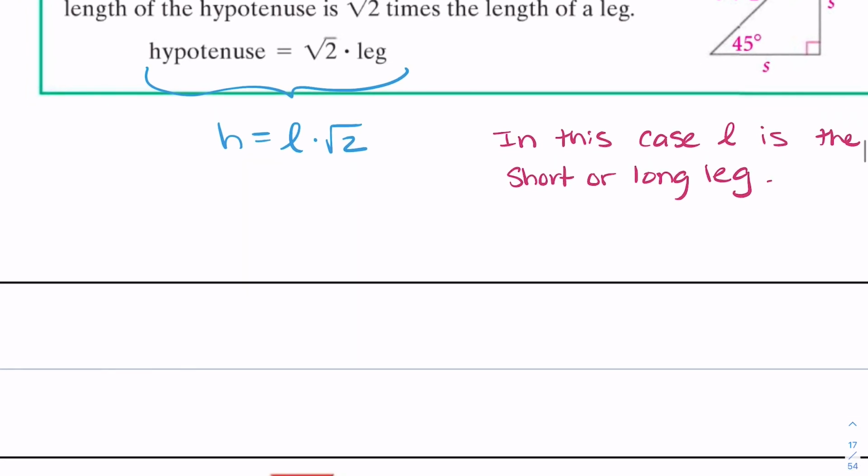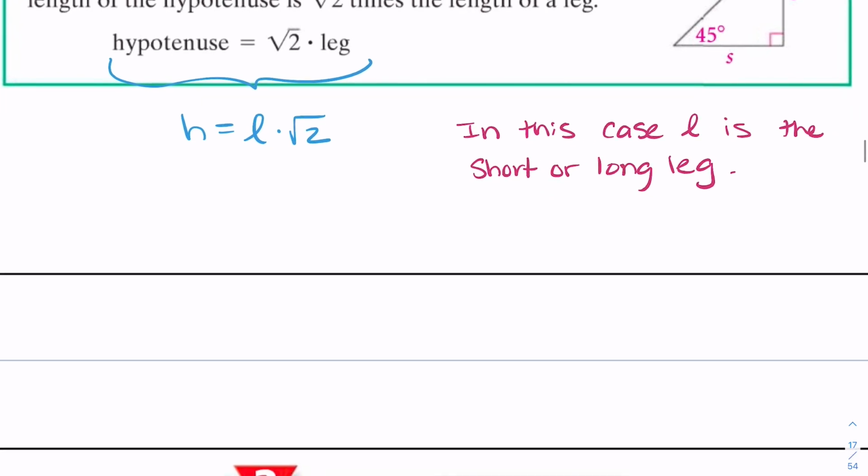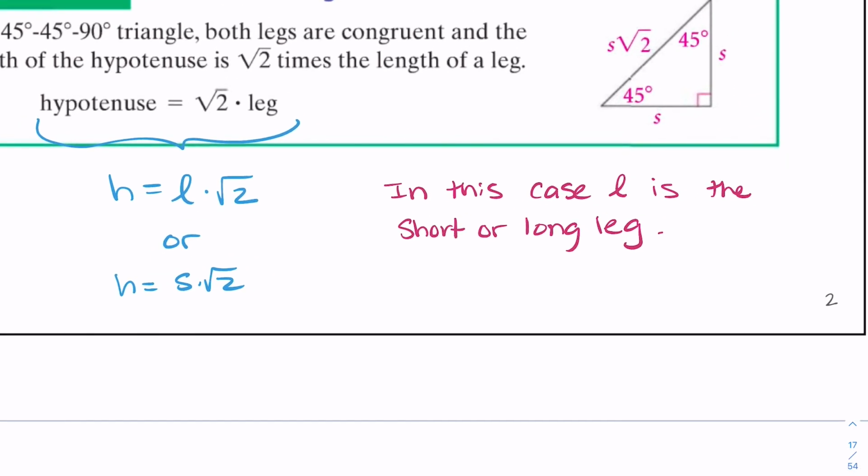It doesn't matter. We could write it this way, or we could say h is equal to s times the square root of 2. These are equivalent leg lengths, so it doesn't matter. You multiply the leg times the square root of 2, and you'll get your hypotenuse.